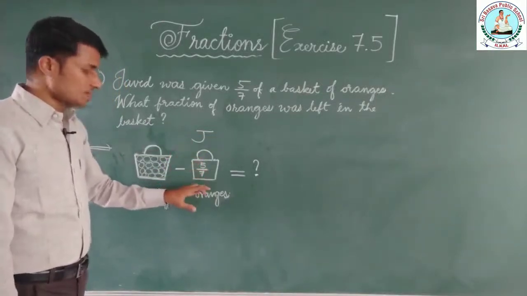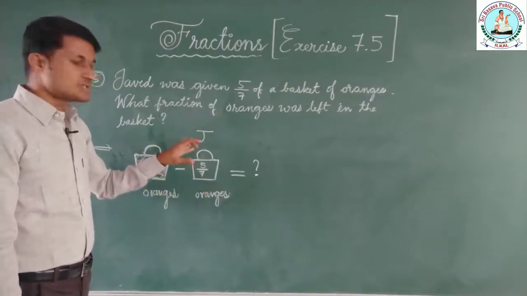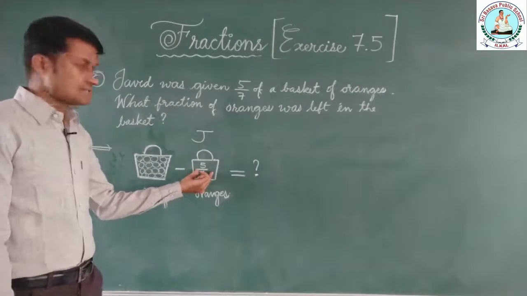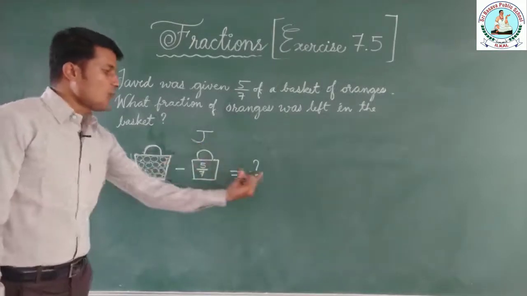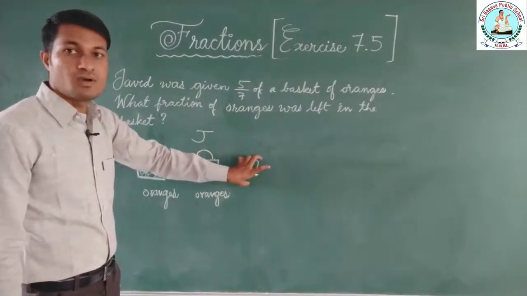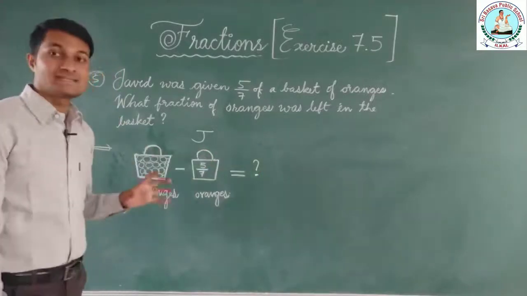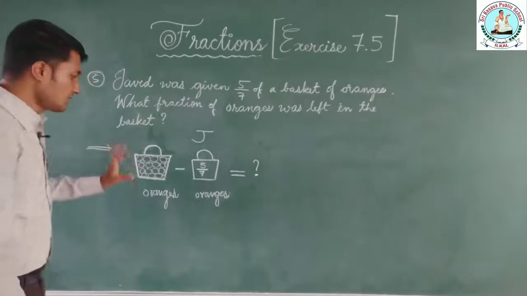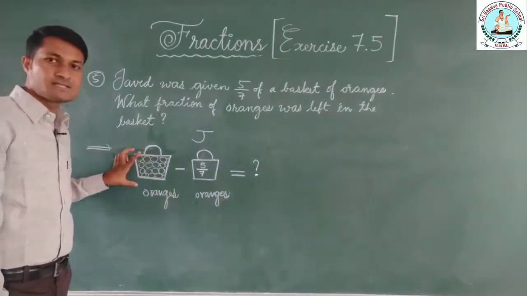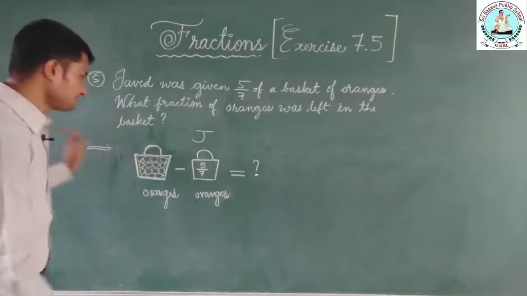this amount of oranges bag is given to Javed. Then after this amount of orange bag is given to Javed, what amount of the basket which is containing the oranges is left, that we need to find out here. So as I said, this is the full basket of oranges. Full means it is always 1.